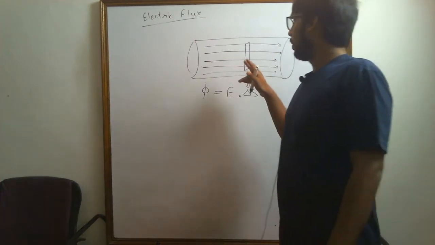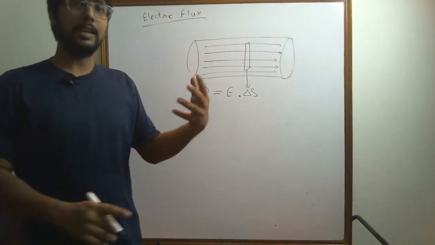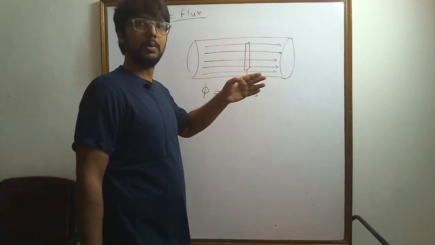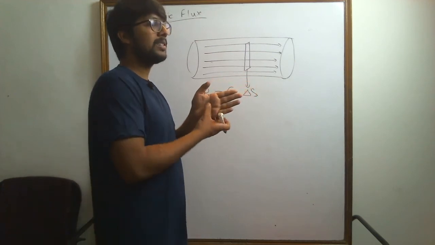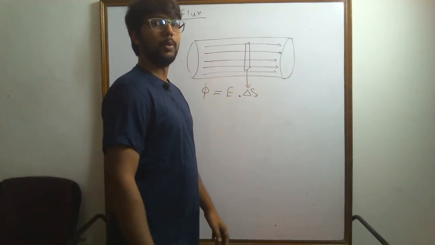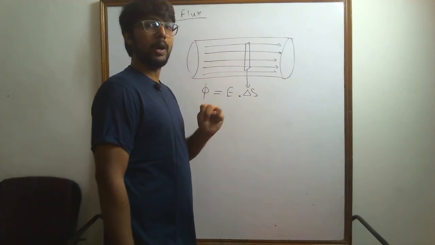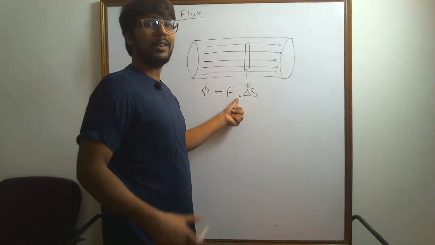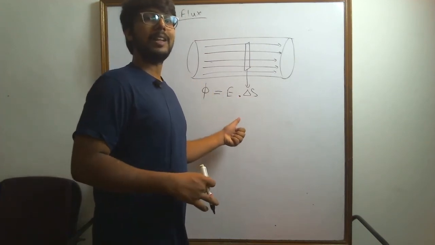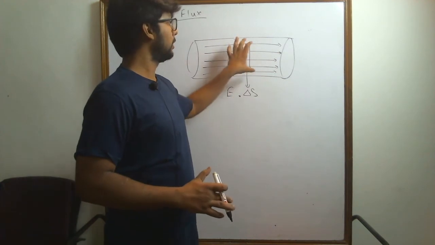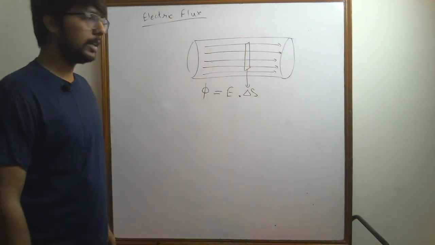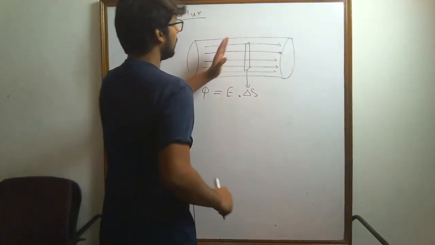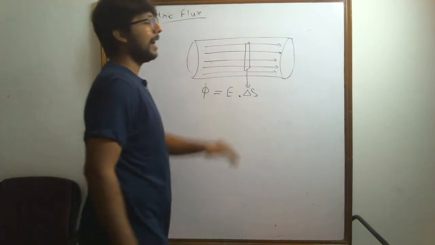And so first I need to know what is the area through which the fluid will be passing, and of course what is the speed with which the fluid will be passing through. These are the two things I require, and then I get this. But of course, because electric field does not have velocity, we will use the intensity of the electric field at this point. Now here this is direct multiplication because both of these are at 90 degrees to each other.